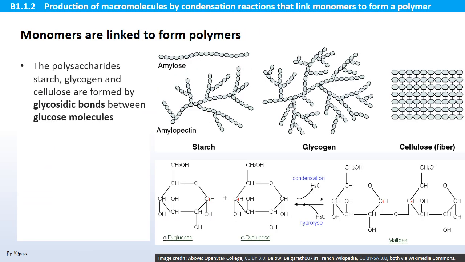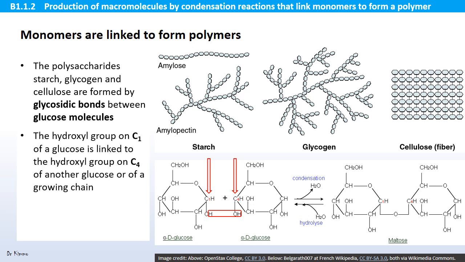The polysaccharides starch, glycogen, and cellulose are formed by glycosidic bonds between glucose molecules. These bonds are formed through condensation reactions. The hydroxyl group on carbon 1 of one glucose molecule is linked to the hydroxyl group on carbon 4 of another glucose molecule.